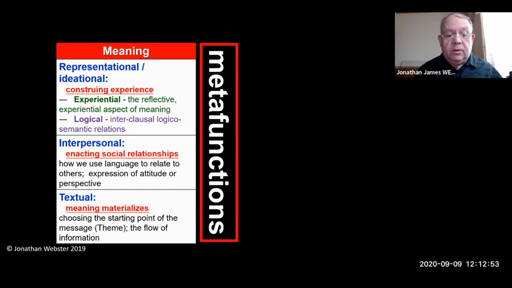And the interpersonal, enacting your social relationships and how you exchange that information with others, and then how that meaning becomes materialized in the text, in the exchange of meaning, whether written or spoken. It doesn't matter the medium.